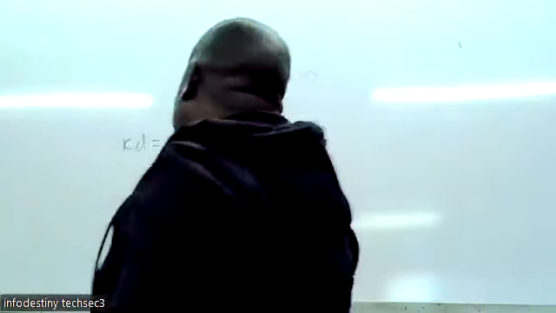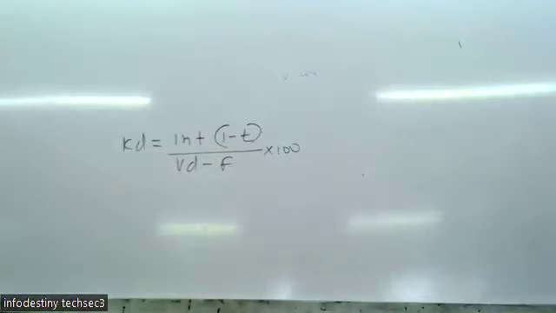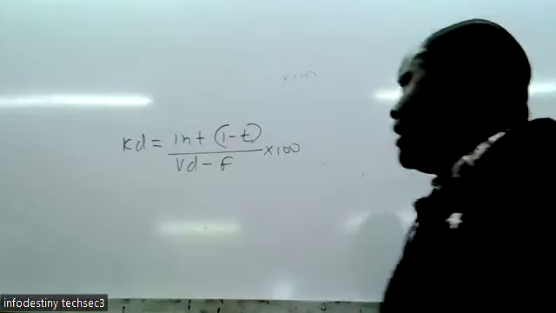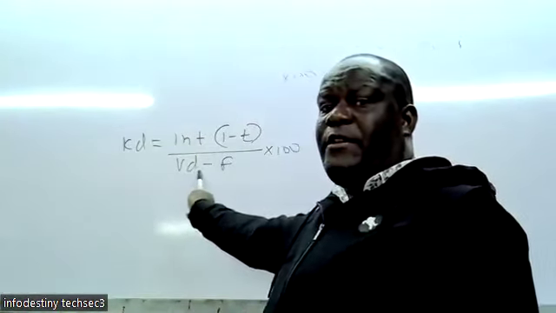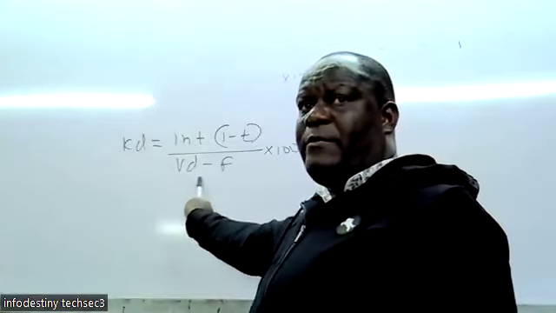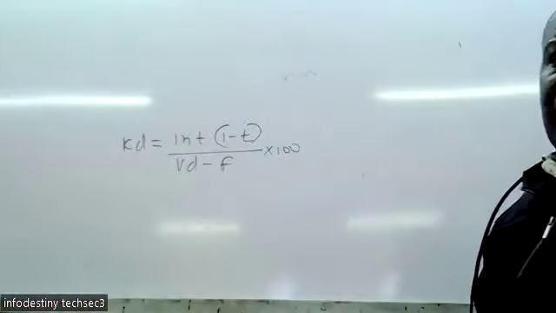We subtract the flotation cost, then we express it as a percentage. VD is the current value for the debenture, and F is still the flotation cost.